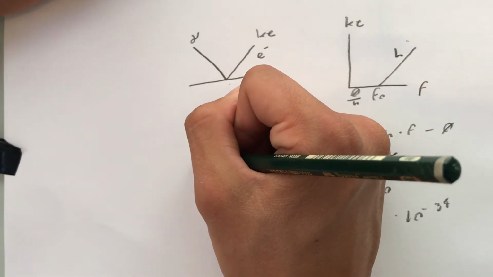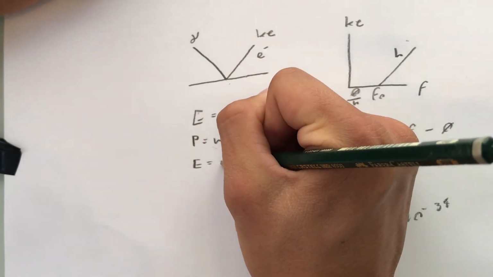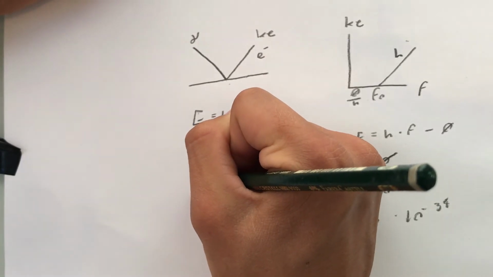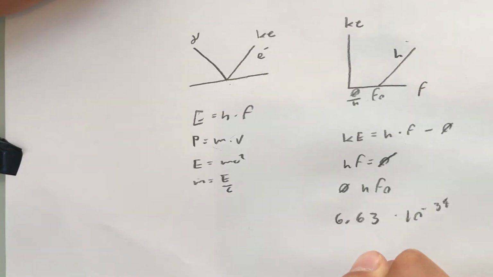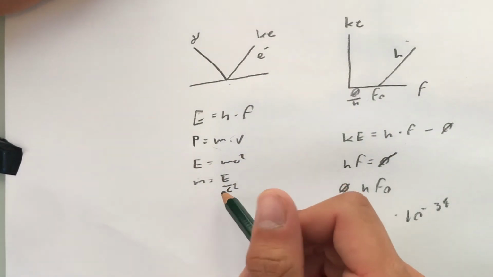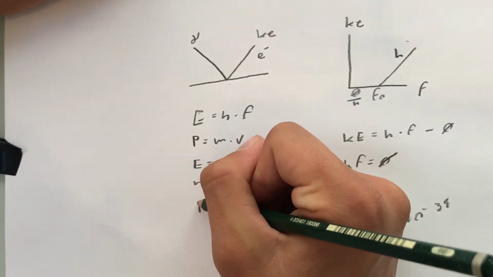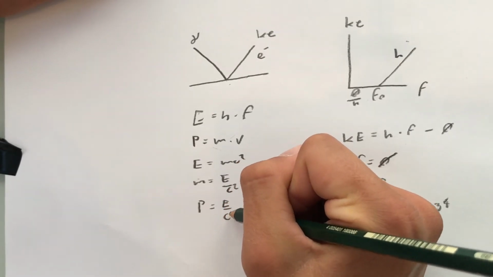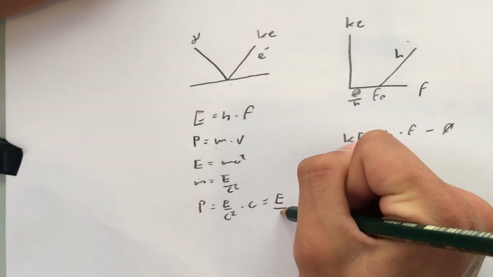So we also have this very famous equation, E equals mc squared, which if you derive that in another way, you will find that m equals E over c squared. And if you put this new energy term in, you will find that P equals E over c squared multiplied by c, which is simply E over c.